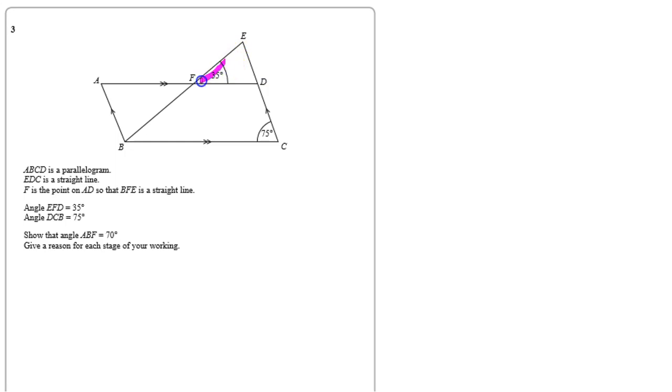So we have this angle 35 and we have this angle, 75. We have to show that ABF, this angle, is 70 degrees.